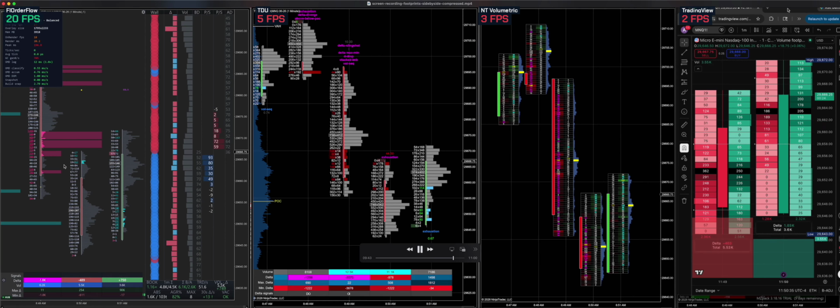Let's say it takes out these imbalances, and they start another move up. Well, there's a lot of buyers here that would buy at all these different lows, right? And then you would know that sellers.